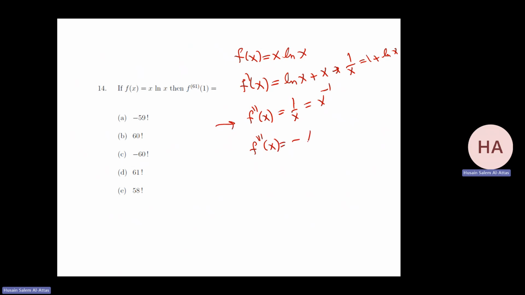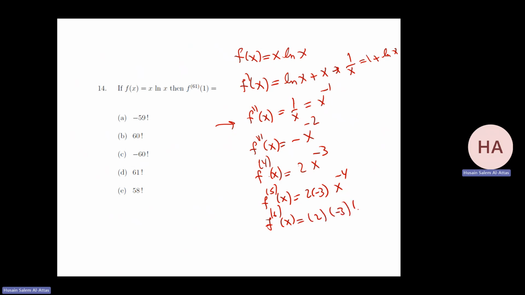It's minus x to the power minus 2. The fourth, just to see the pattern, it will be 2x to the power minus 3. The fifth, it will be 2 times minus 3, x to the power minus 4. The sixth, just to see it for sure, 2 times minus 3 times minus 4, x to the power minus 5.